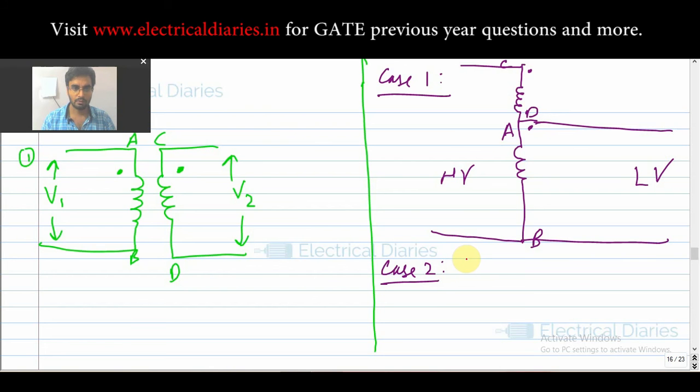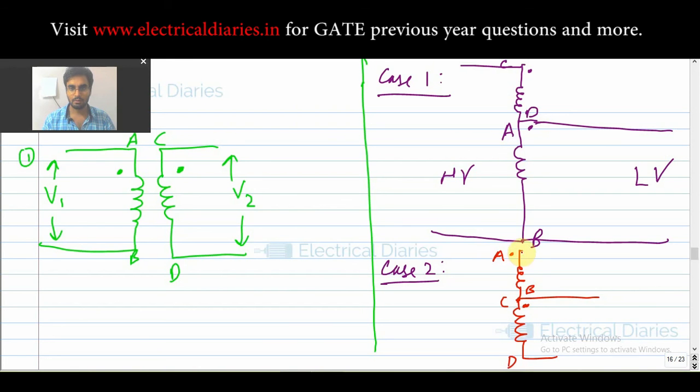There what you can do is this time you can short C and B. This is your C, this is your B, and this is your A. Again this is an additive polarity, and you are taking CD as common.